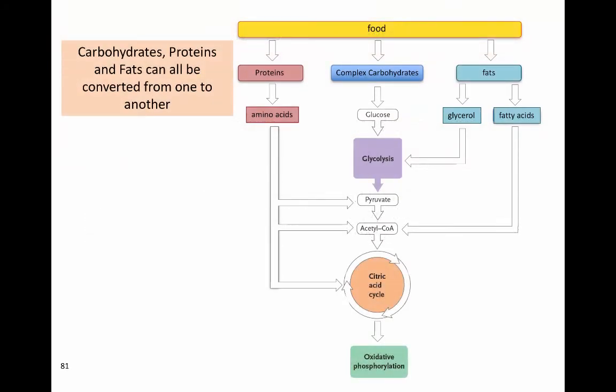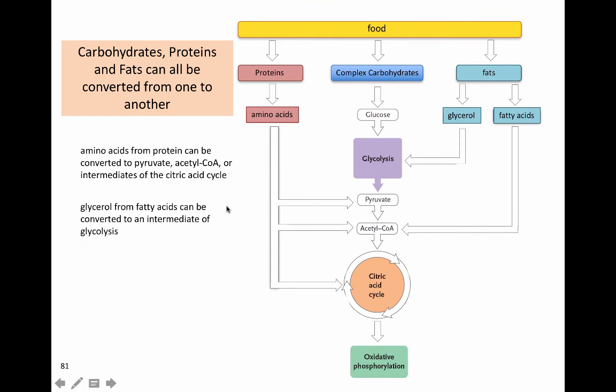They can be interconverted from one to another, and they can be broken down into various components that can come into the process at different places. So for example, amino acids from proteins can be converted into pyruvate or acetyl-CoA, or actually be intermediates in the citric acid cycle. So they're coming in at different places. Same thing with glycerol from the fatty acids.